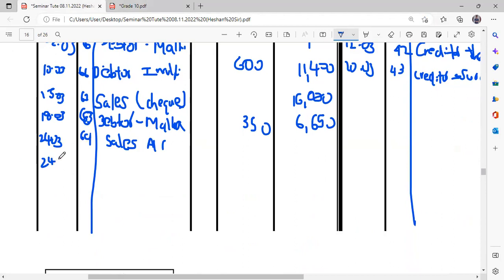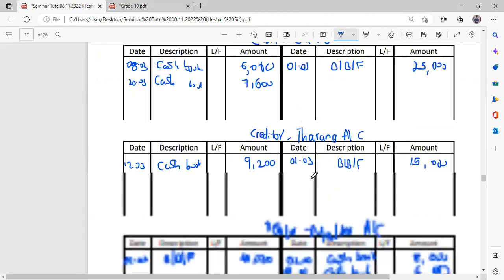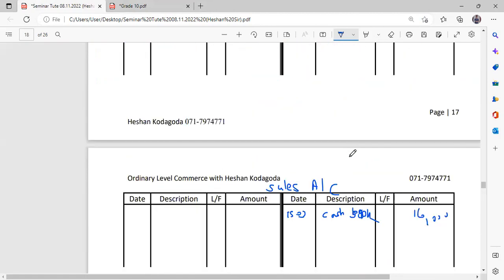We need to record it separately. 69 sales account, but within bracket we need to mention the check as a check receipt. Cash sales 6,000, and this 7,000 is also a sale, but we received a check. Altogether, there is a credit sales account.